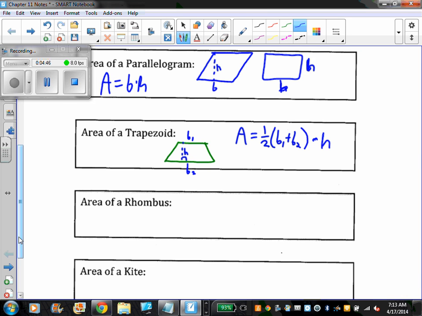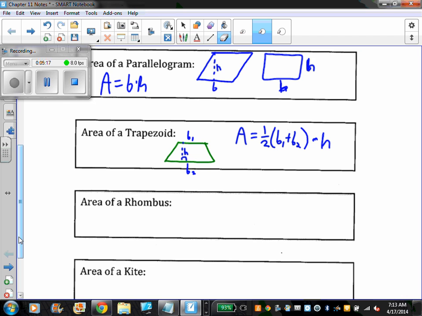So, next up, area of a rhombus. And you'll notice that rhombus is not included in with the other parallelograms, and that's because the rhombus kind of has its own special formula. Rhombus doesn't quite work like the other ones do, and the reason for that is, in a rhombus, sometimes it's a little bit difficult to think about.